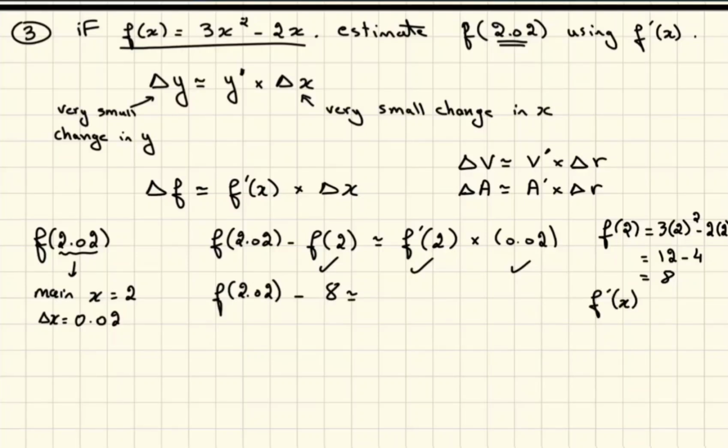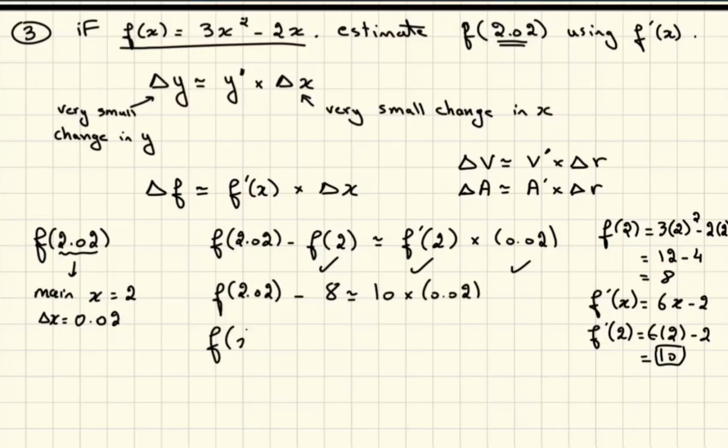Now we find f prime of x at first, so 6x minus 2, and then we replace 2 there. It will be 6 times 2 minus 2, so 12 minus 2, it will be 10. So approximately 10 times 0.02. So the approximation of f of 2.02 is approximately equal.